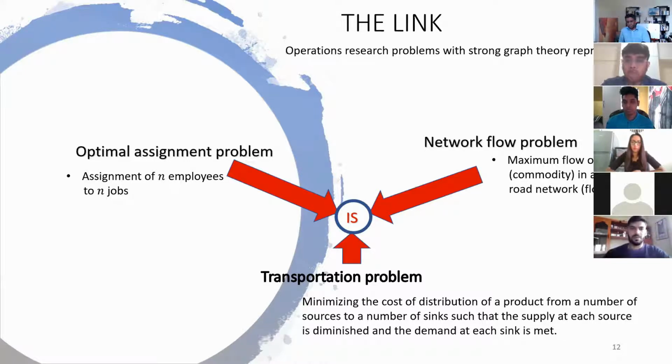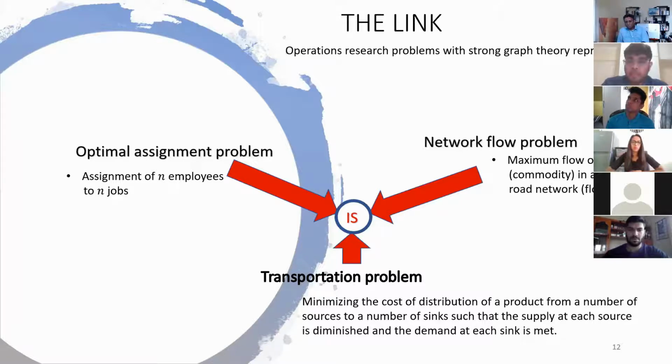For the case of the network flow problems, a common example is trying to find the maximal flow of commodity in a road network, where a road network is a very good example of a network graph or a flow graph.